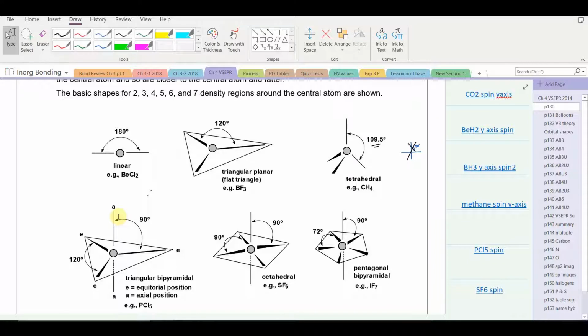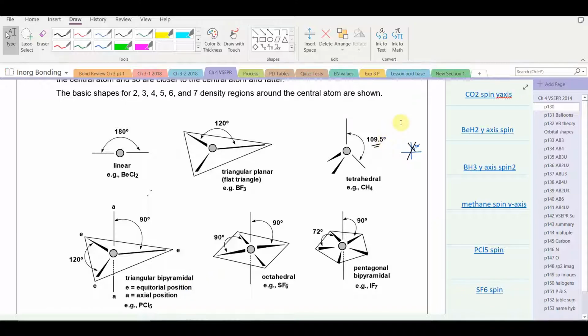In the triangular bipyramidal geometry, there's more space in the equatorial positions for an electron cloud than there is in the axial positions, as you can see by the bond angles. And thus, larger groups will preferentially be found in the equatorial positions.